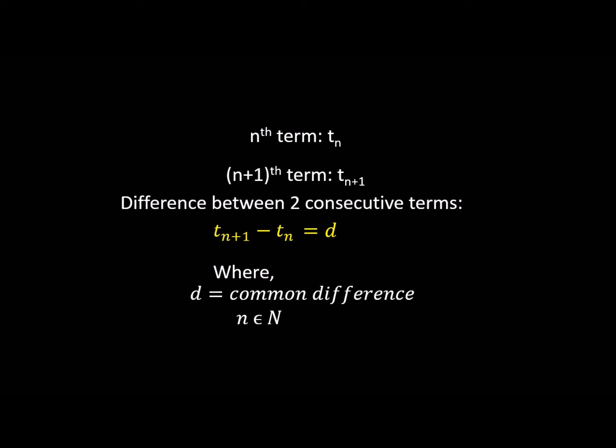This is how we express the definition of an arithmetic progression mathematically. You take 2 consecutive terms, Tn and Tn plus 1, and you subtract Tn from Tn plus 1, and you should get a constant difference D, where D is called the common difference and n is any natural number. So let's move on and see some problems that we can solve.